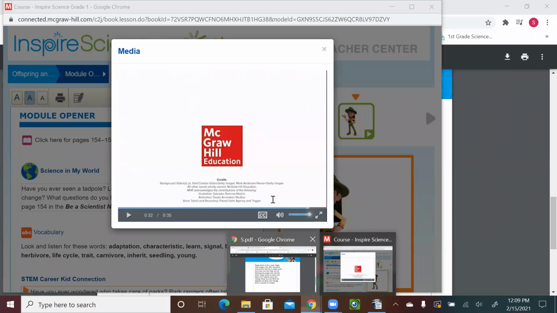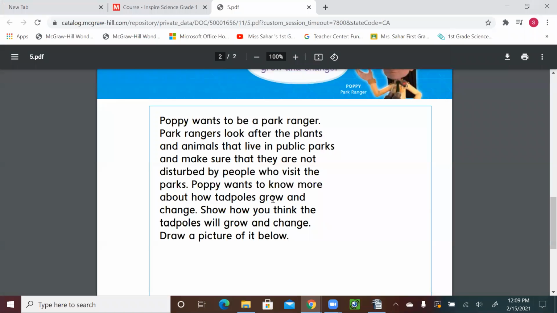All right, for this unit, we need to do lots of observation about different things. Over here, Poppy wants to be a park ranger, and she explained what park rangers do. Park rangers look after the plants and animals that live in public parks and make sure that they are not disturbed by people who visit the parks. Poppy wants to know more about how tadpoles grow and change.